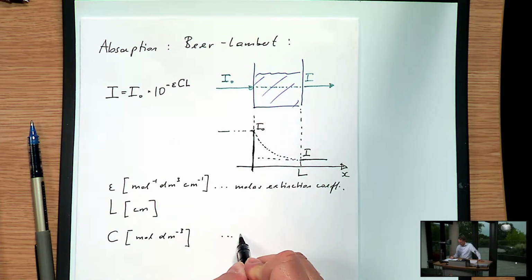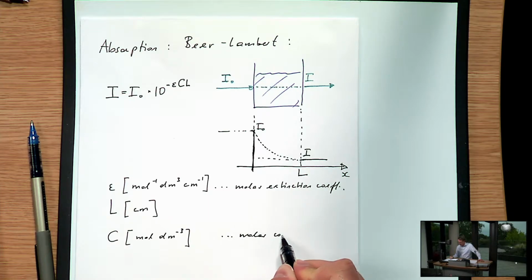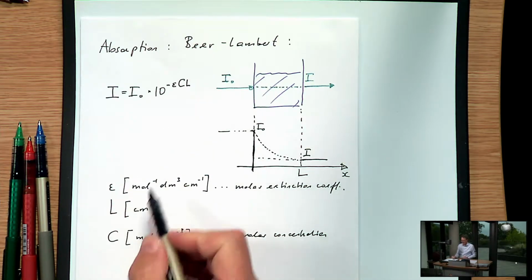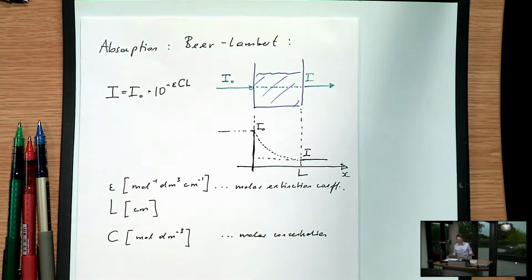So this is the concentration, the molar concentration. So it's moles per liter. And note, I deliberately wrote this as capital C, just so you don't get confused with the lowercase c, which denotes the speed of light. So they have nothing to do with each other.